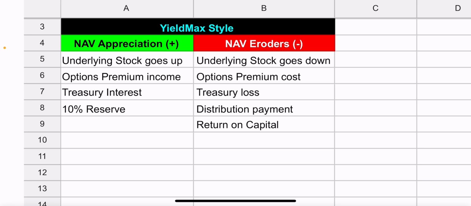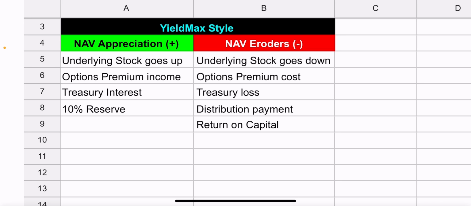So when they say Tesla NAV erosion, no, Tesla is going down because Tesla went down, okay? The underlying stock has almost everything to do with it. So Tesla went down, so we go down with it. That's pretty much how it works, right? So when they say NAV erosion, first off, look at the underlying stock. And this is mainly for the YieldMax funds.